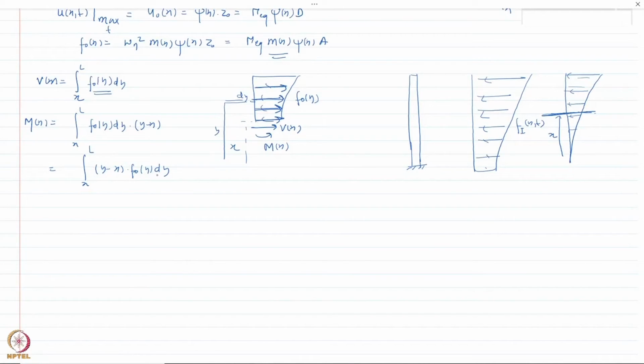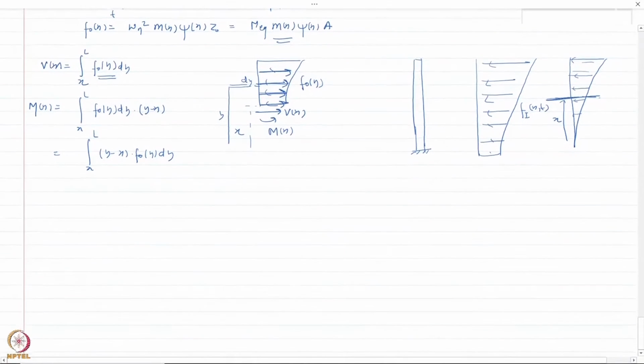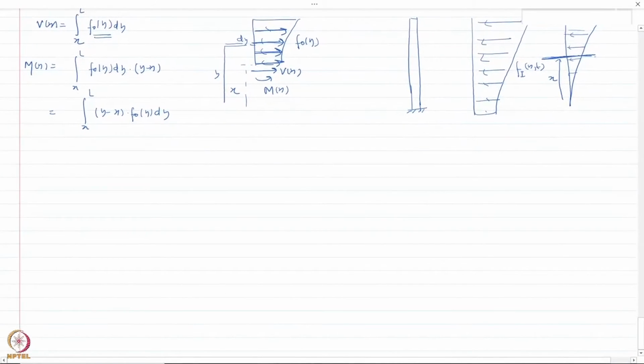Now, the parameters that are of more importance in this case are the base shear and the base moment, which are typically used to find out the base shear of a structure in the equivalent static method. So in that case, I can write down at the base VB, all I need to do, the lower limit now becomes 0, and this is F naught y dy integrated over the whole height.